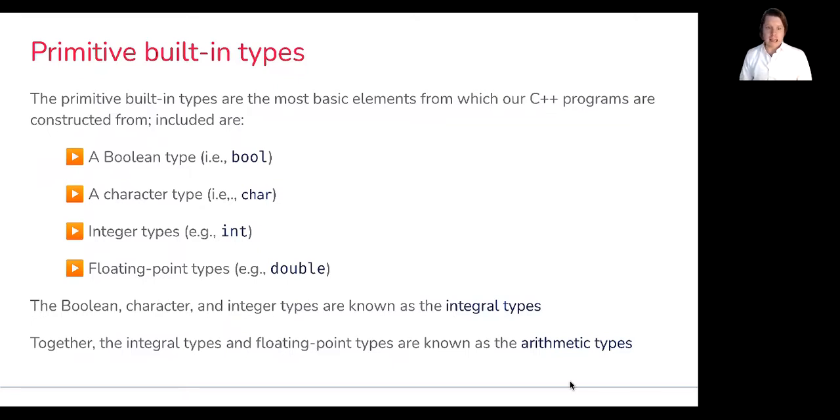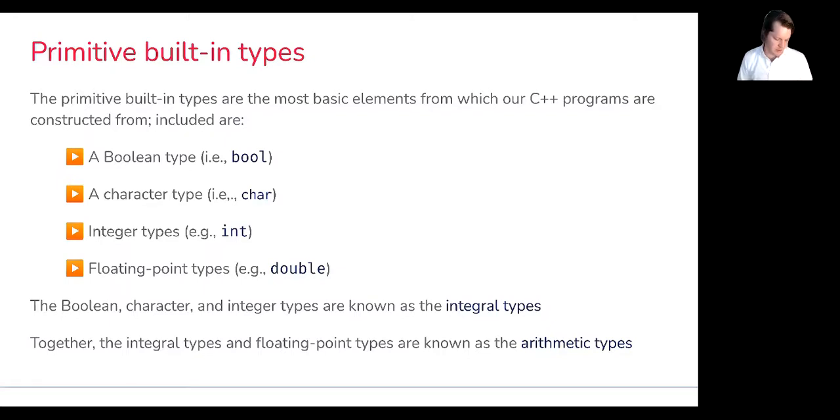Included within these types that are afforded to us by the barebone language is going to include a Boolean type, bool, a character type, char, an integer type, int, along with other flavors of integer types, but in this course we'll primarily be using int, and then floating point types such as double. We'll see that there are kind of three flavors of floating point types as well.